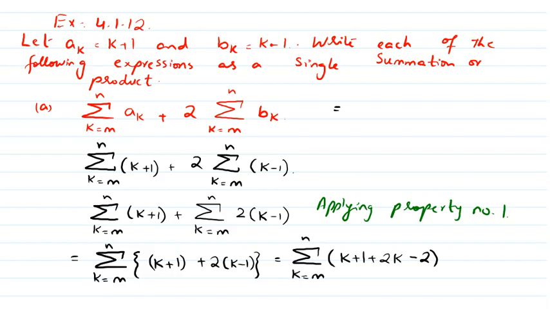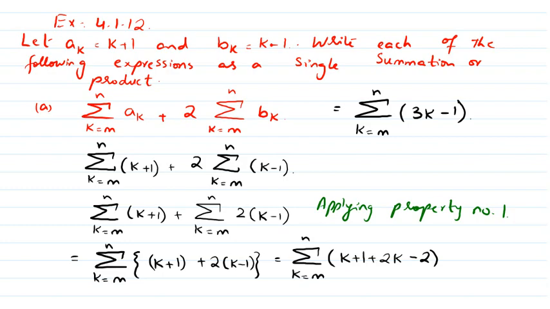And this is in fact equal to the summation from M to N. Adding these terms, I'm going to have 3K minus 1. So this is the result of the equivalent summation.